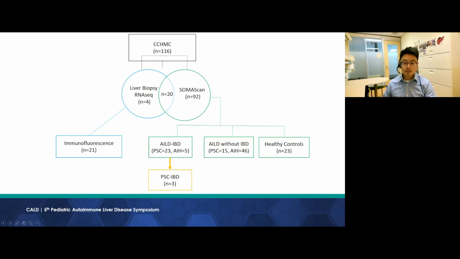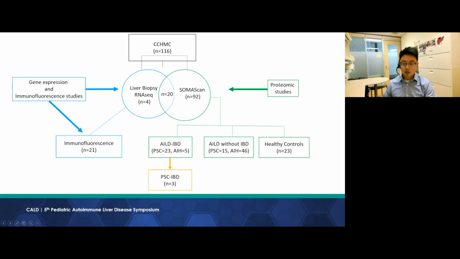This was a single center study of children cared for at the Cincinnati Children's Hospital. For aim 1, we had 24 liver biopsies collected from clinically indicated liver biopsies for our gene expression studies. Of those, 21 samples were available for multiparameter immunofluorescence.